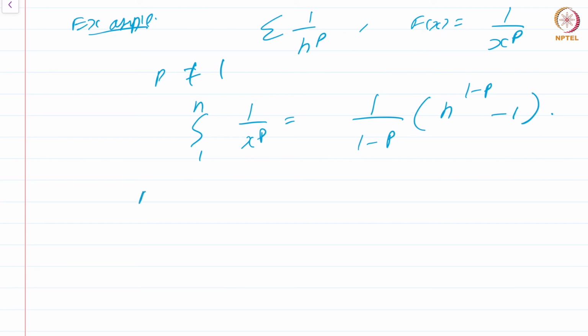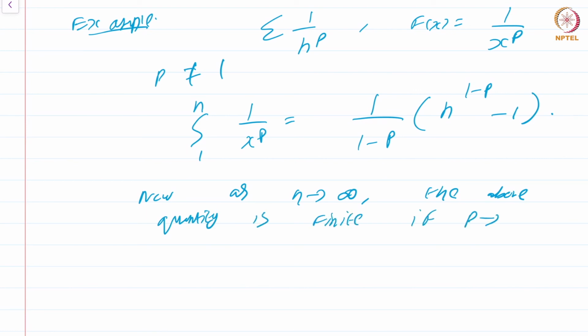Now, as n approaches infinity, the above quantity is finite if p is greater than 1, and infinite if p is less than 1. That immediately gives that when p is greater than 1, the series converges by the integral test, and when p is less than 1, we immediately get that the series diverges.